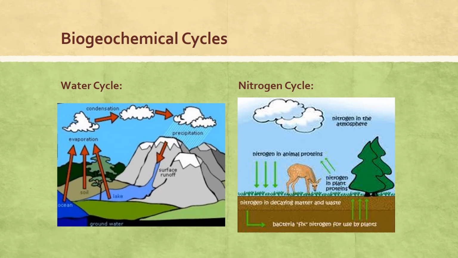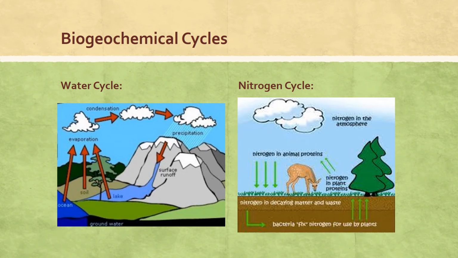We also have the nitrogen cycle. There's nitrogen in the atmosphere that is coming from the plants, but there's also nitrogen in the soil. Nitrogen from decaying matter goes into the soil. The bacteria in the soil fix it so it can be consumed by the plants, because the plants need nitrogen, since nitrogen is an essential element for amino acids.